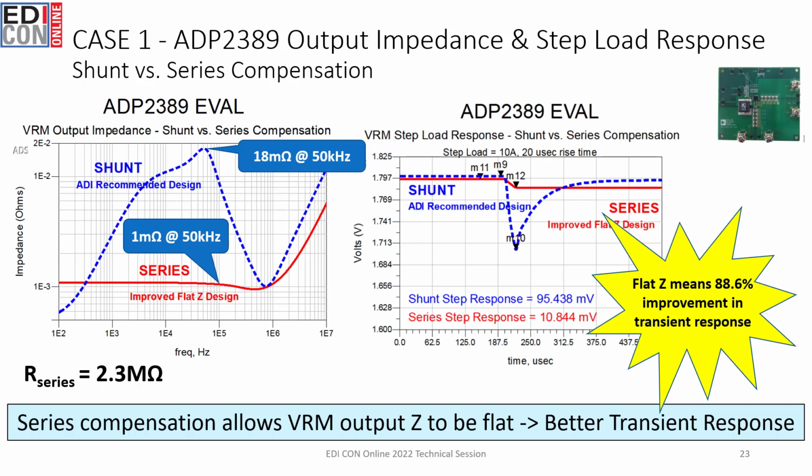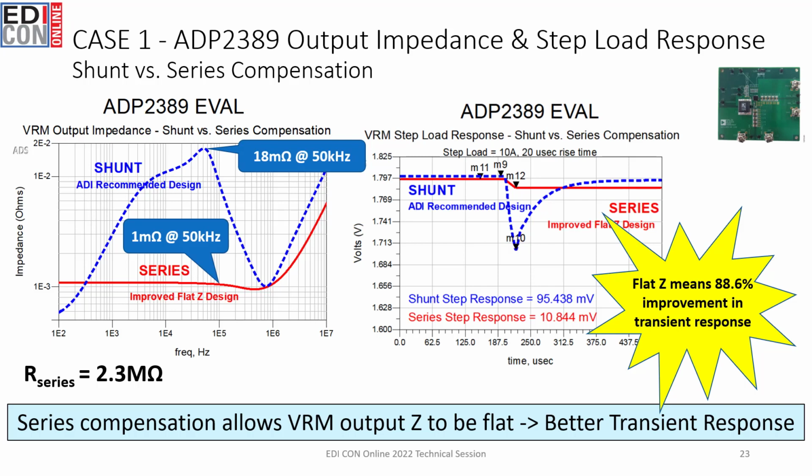At the same point in frequency with the series compensation network, it's around 1 milliohm. So if we think about this from a transient response, if we put a 1 amp step into this network, we should see 18 millivolts of ripple with the shunt compensation network output impedance and 1 millivolt of ripple with the series compensation network impedance result.